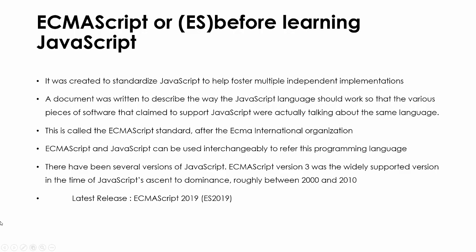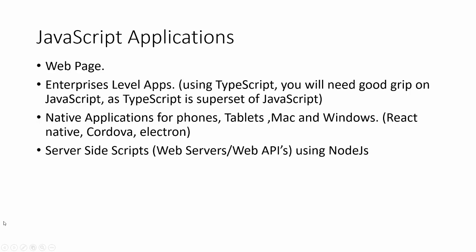Now let us look at applications of JavaScript. JavaScript is commonly used for client-side scripting, but nowadays it is increasingly being used for writing server applications and services using Node.js. You can also develop enterprise-level apps using TypeScript, which is a superset of JavaScript.